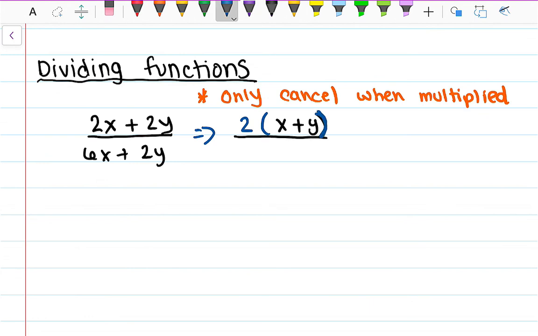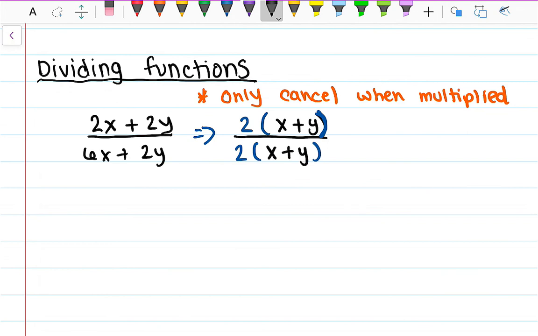What can I factor out, sorry, in my denominator? I can factor out a 2 as well. I can't factor a 6 because I can't take 6 out of 2. That's going to give me a fraction, and I don't want to deal with fractions.